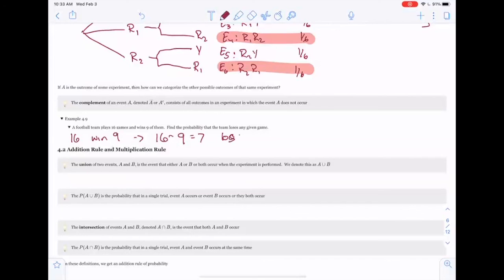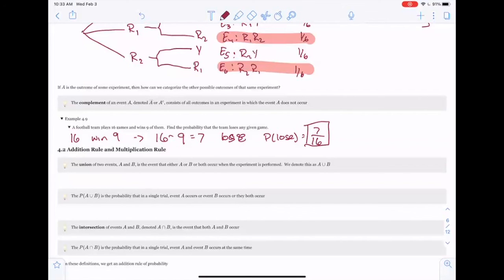That's how many games they lose. And we're going to assume that there's no ties here. So the probability of losing is going to be the number of ways a team can lose. They've lost 7 games divided by the total number of times they've played a game, which is 16. And that's going to be the probability that a team will lose any given game.